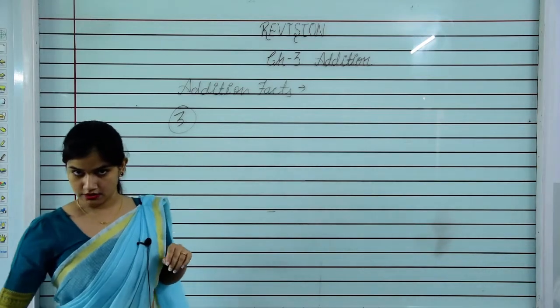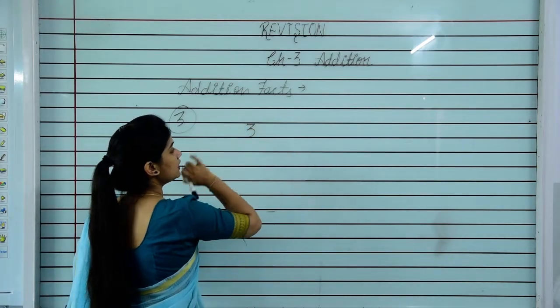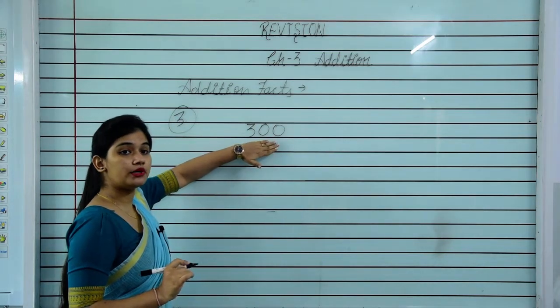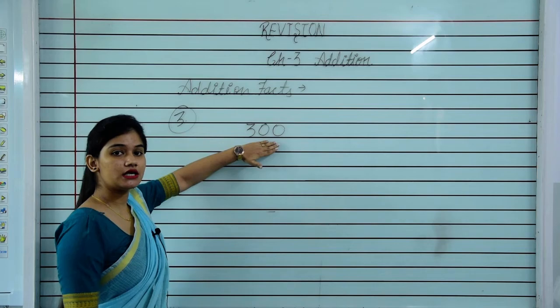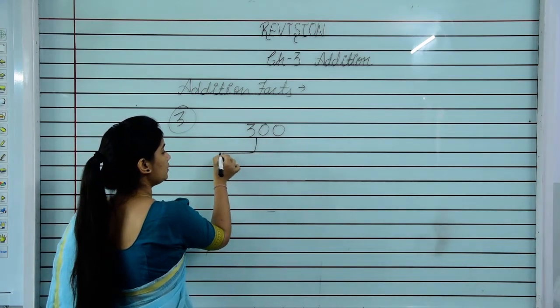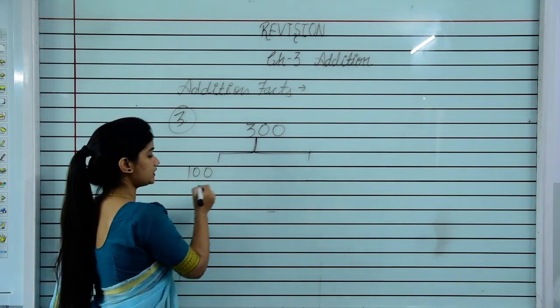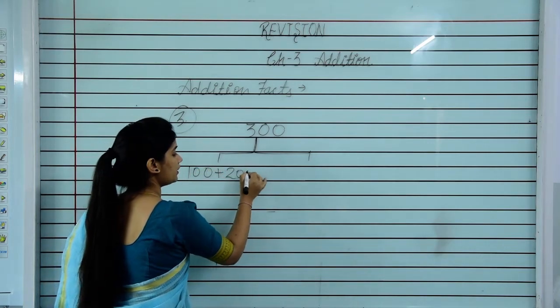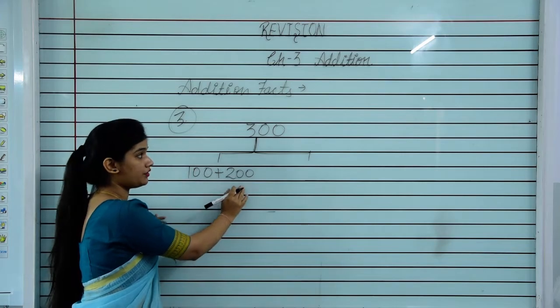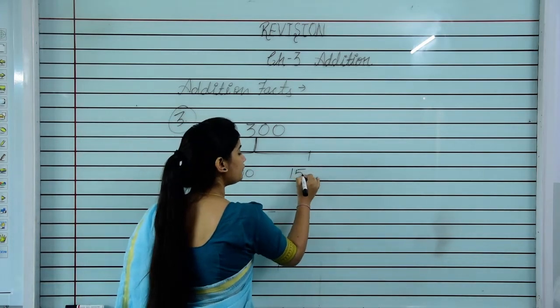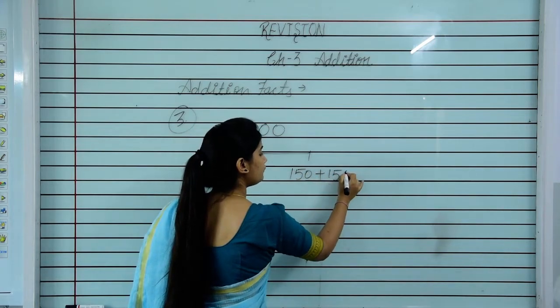If we take a number, the number is I am taking 300. So इस नंबर को मैं अलग अलग तरीके से क्या कर सकती हूँ, ऐड कर सकती हूँ. What did I say? Suppose I am doing 100 plus 200. 100 plus 200 will be 300, and then suppose I am doing 150 plus 150.